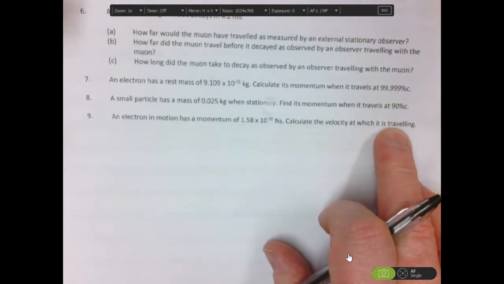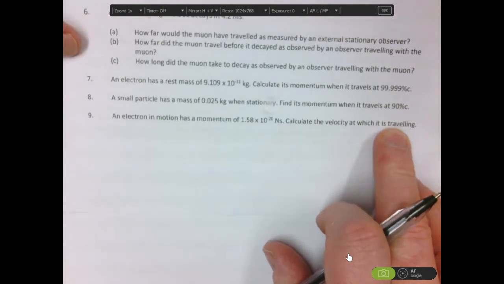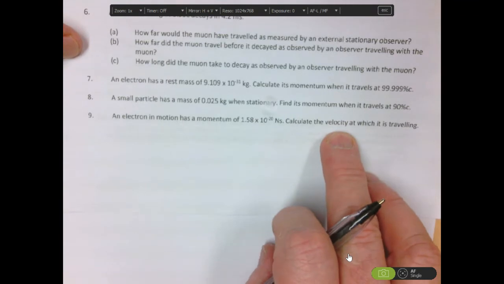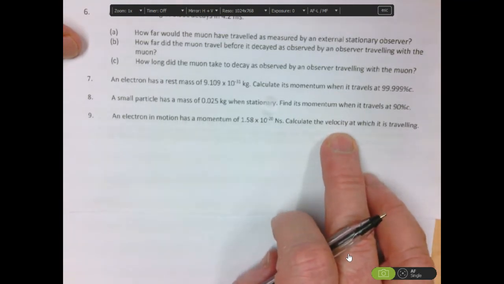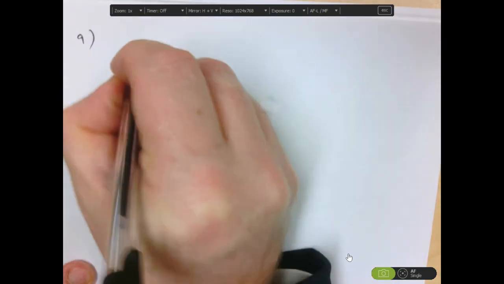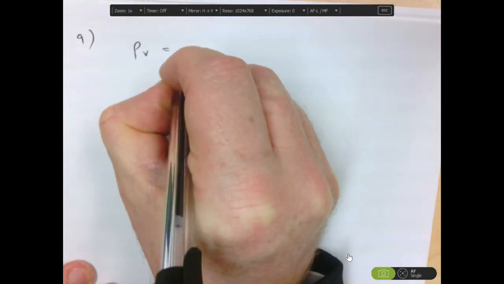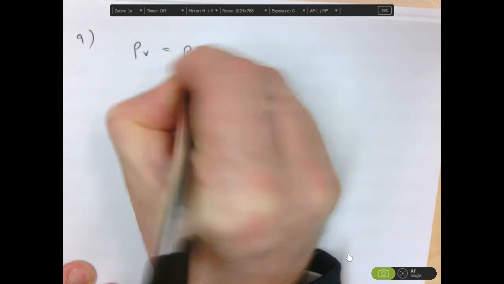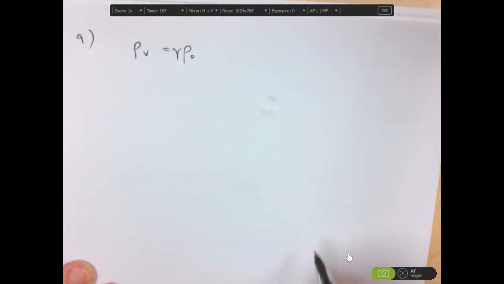Let's plug in the values and work it out. So to calculate a velocity, we need to calculate a gamma factor. So let's see what we can do here. So question 9. Okay, we know that the momentum at velocity is equal to the proper momentum times the gamma factor.